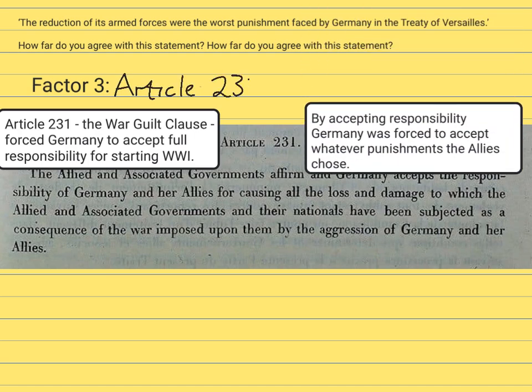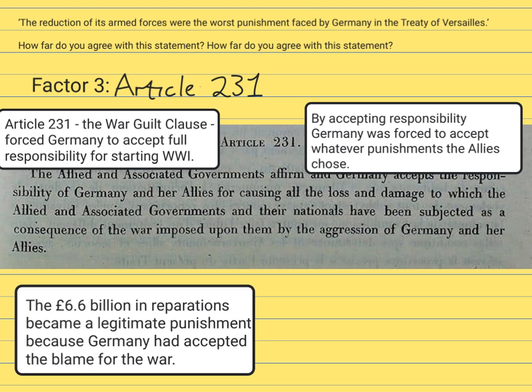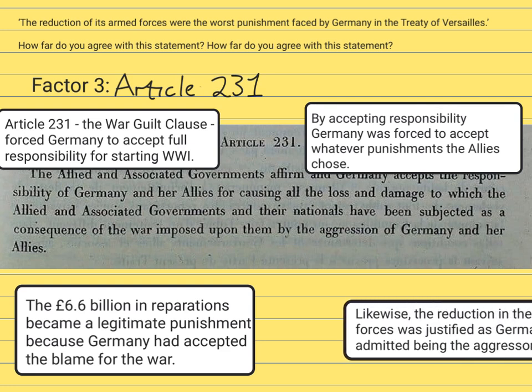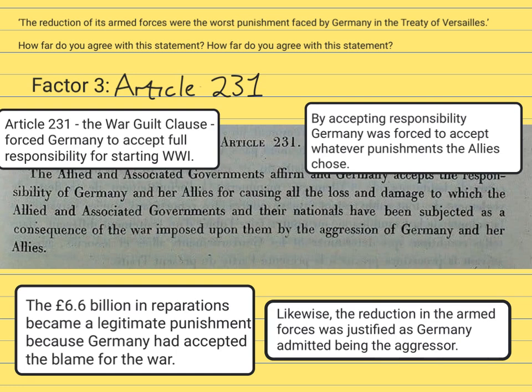Germany's signing of this term in the treaty legitimised all of the other punishments. For example, the reparations, fixed at 6.6 billion in 1921, were a legitimate punishment for a country that had admitted its responsibility. Likewise, the reduction in the armed forces was fair, as Germany accepted that they had been the aggressor.